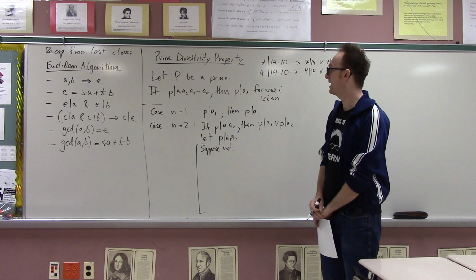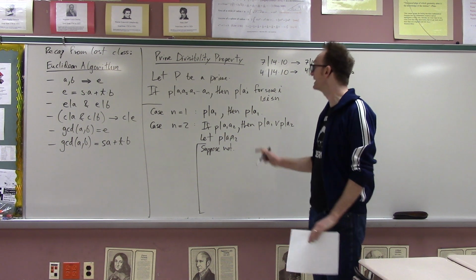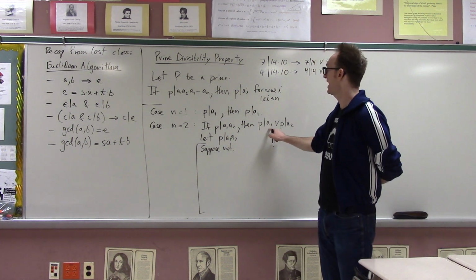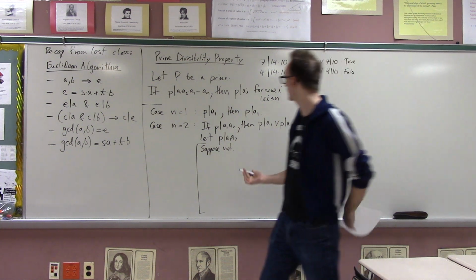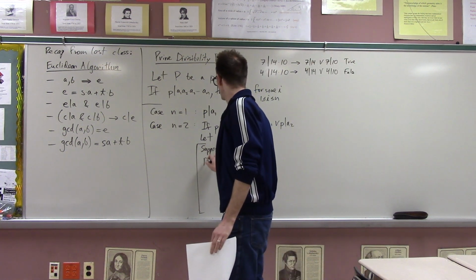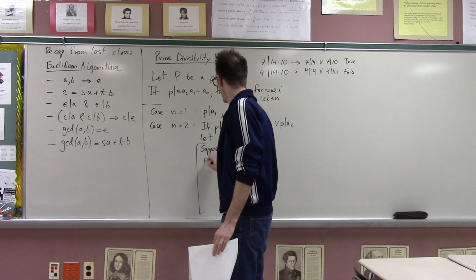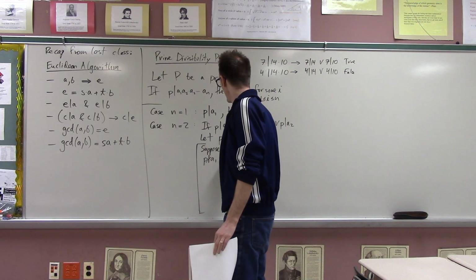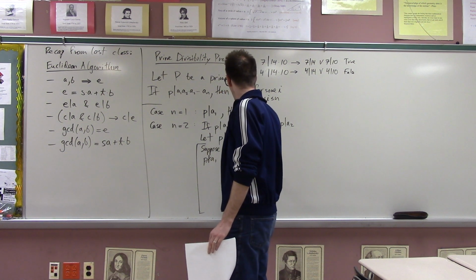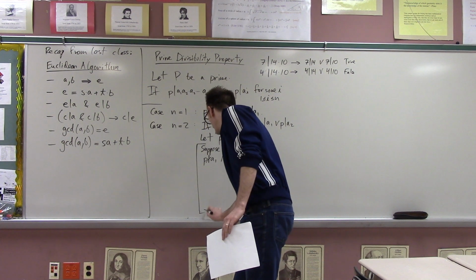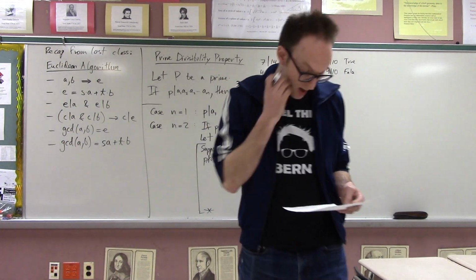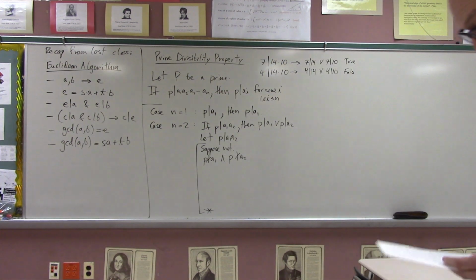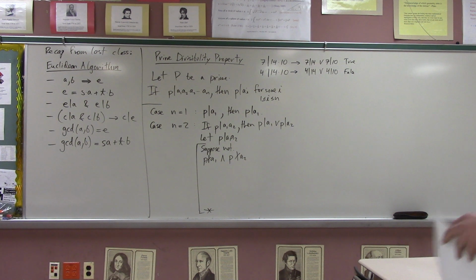Well, the negation of p dividing a1 or a2 is, by De Morgan's law, that in fact p doesn't divide a1 and p doesn't divide a2. And somehow I'm going to show that this is not possible.